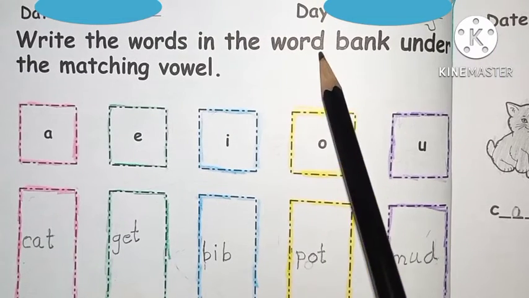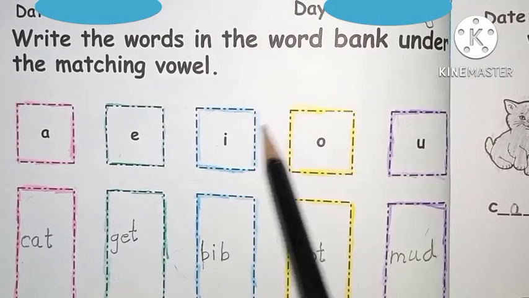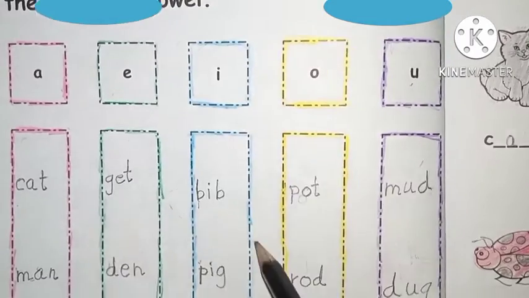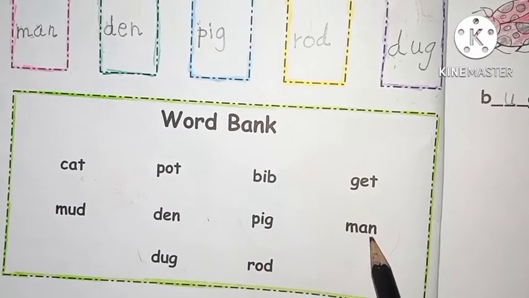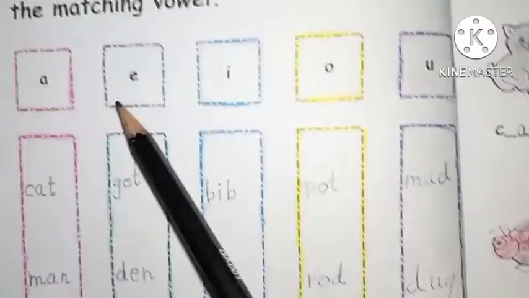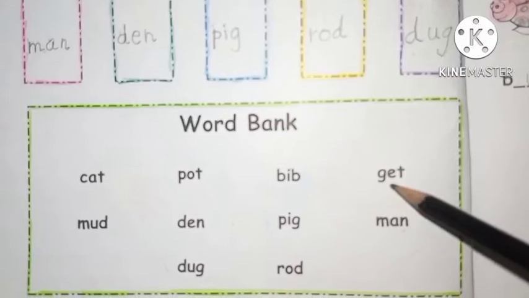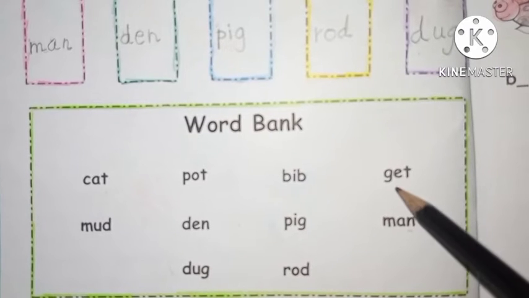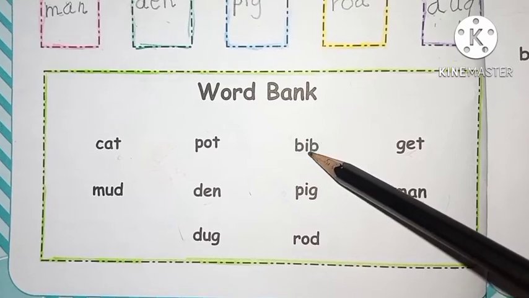Write the words in the word bank under the matching vowel A, E, I, O, U. So here we have to write from this word bank. Cat, man. Vowel A, we have to write it cat, man. Get, den. So here is vowel E, vowel I, big, bib, pig.